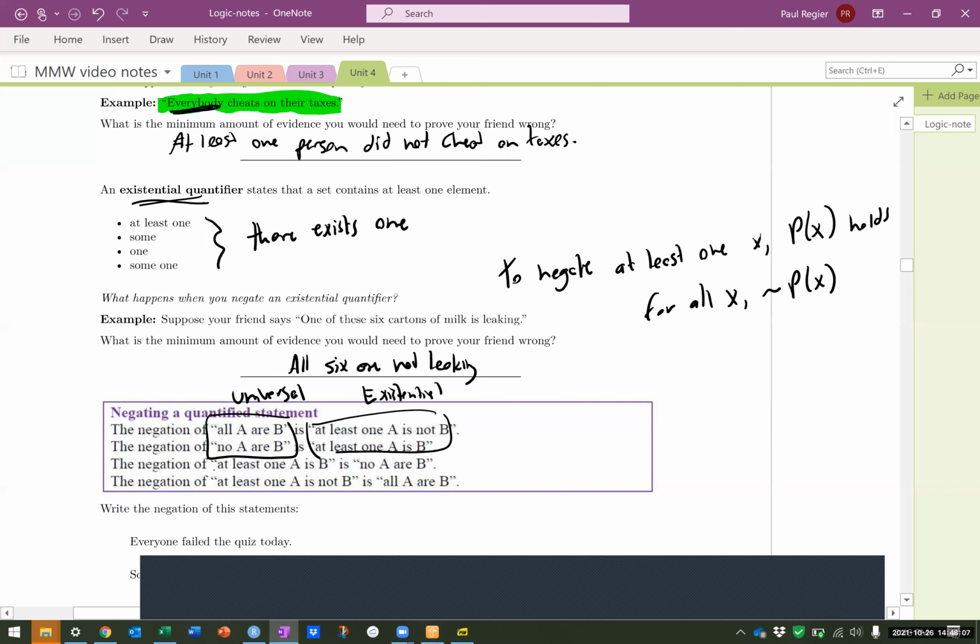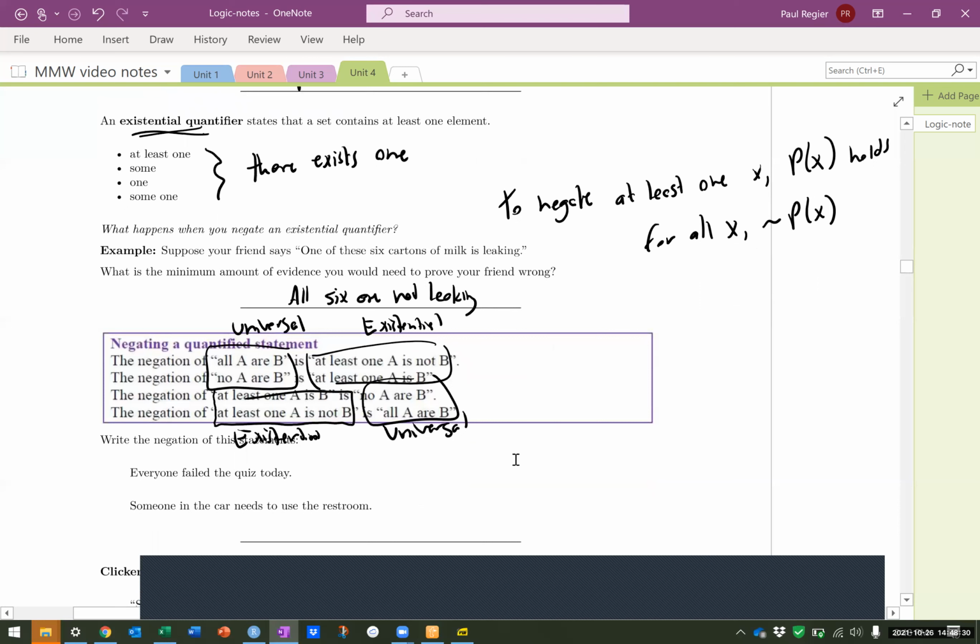And vice versa, at least one A is B means no A are B. So these are the universal, and these are the existential. This is something you kind of just have to think about and work through, but this structure can help for negating sometimes complicated statements.